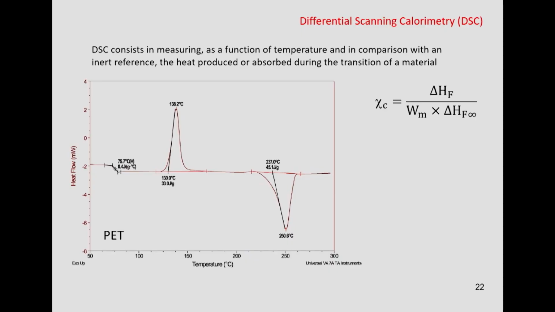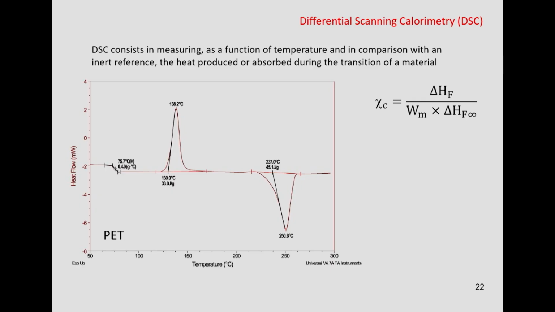So DSC, we already discussed this previously. We can observe the Tg, crystallization, so exo is up, crystallization and melting. Of course, from this curve, we can obtain different information.